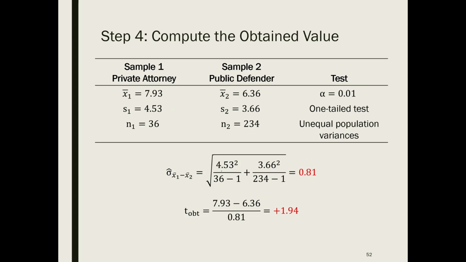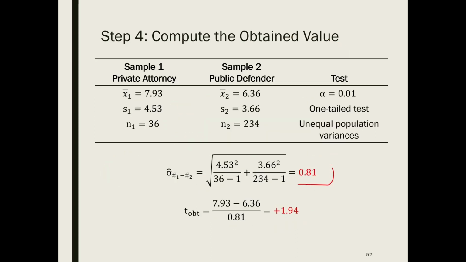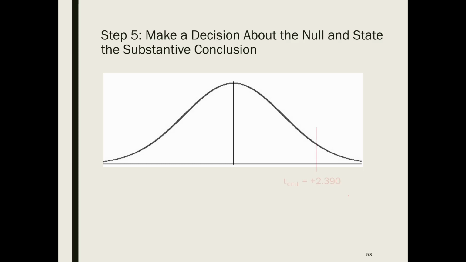Do this slowly with your calculator. You get the standard error as 0.81, and using the mean 1 minus mean 2 divided by the standard error, you get positive 1.94.